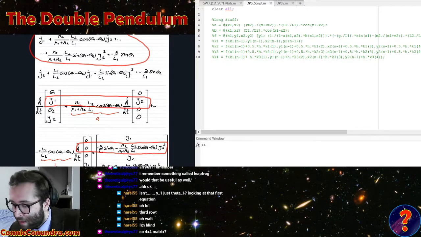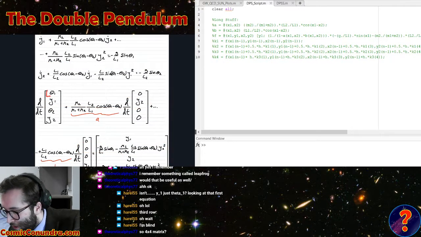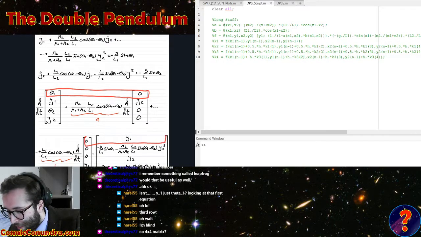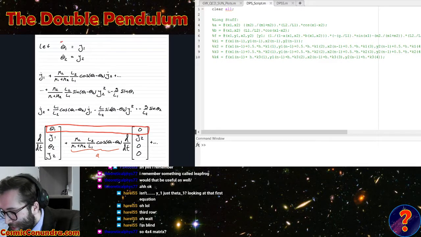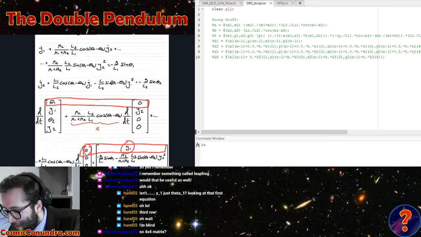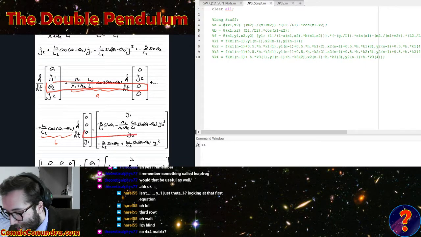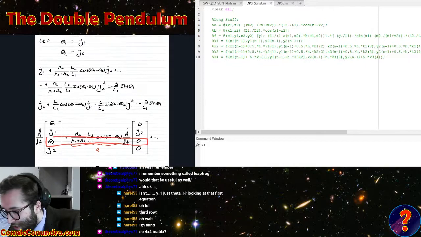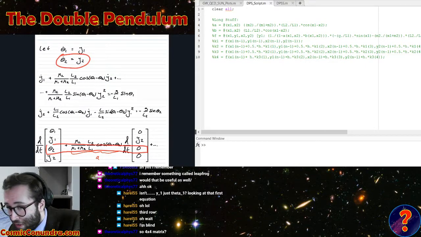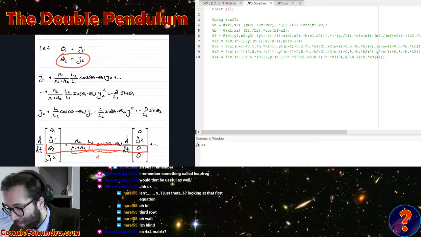Likewise, this top row with the theta and the 0, and then the 0 and the y1 here, describes this top equation. Then this third row, which has just a theta 2 here, a 0 here, a 0 here, and a y2 here, describes this equation, theta 2 dot equals y2.